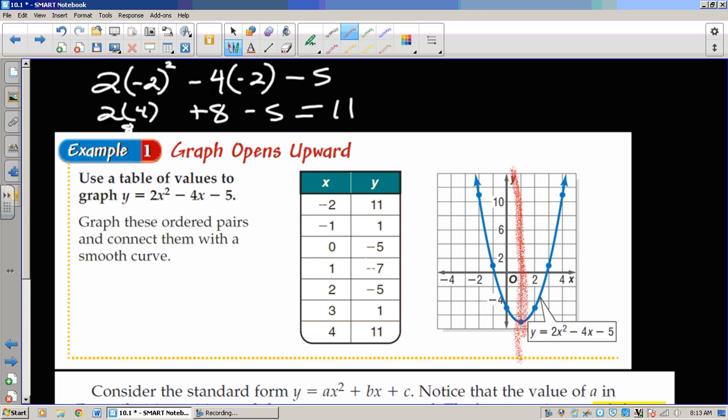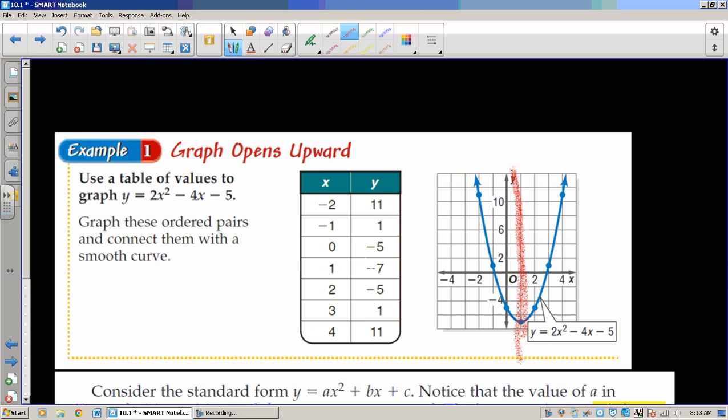Do you think, if we went to -3 and we found the y value for -3, what other x value would have the same y value? Well, let's do it real quick. Let's find -3.